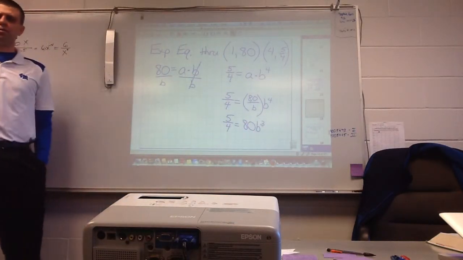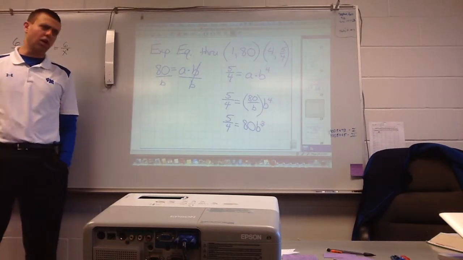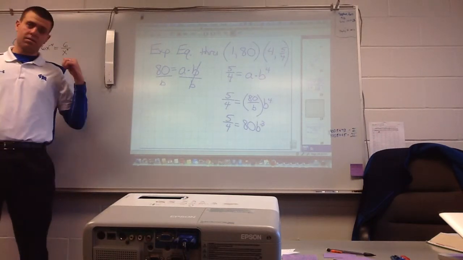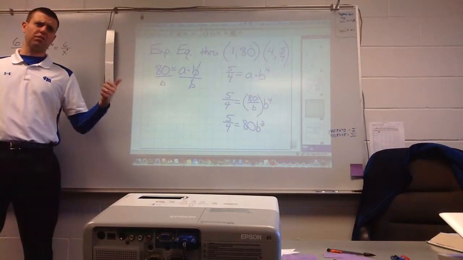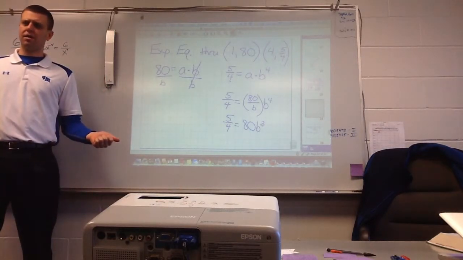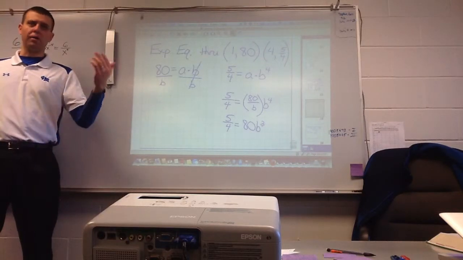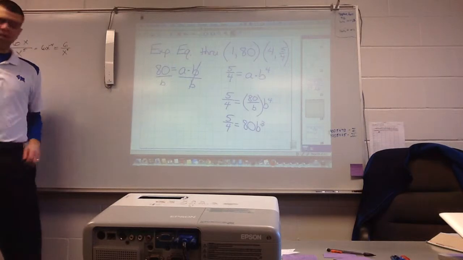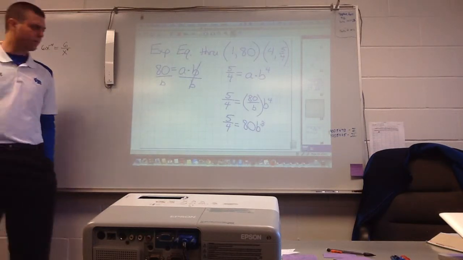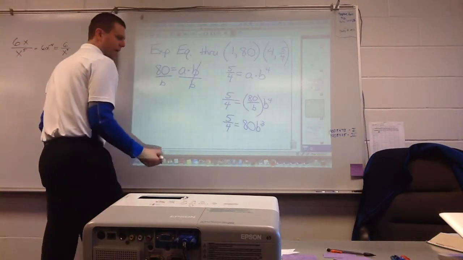Now this one's going to take a little more work, but isn't bad. Solve it for b. Divide by 80, and then how do you get b cubed down to just b? Raise it to the 1/3 power, or cube root both sides. Okay? So divide by 80.